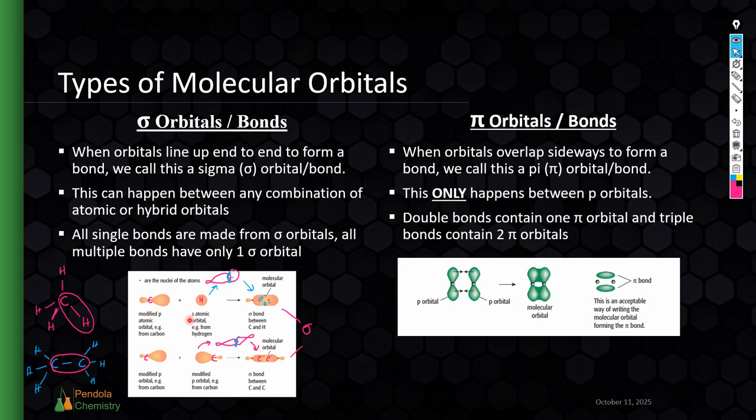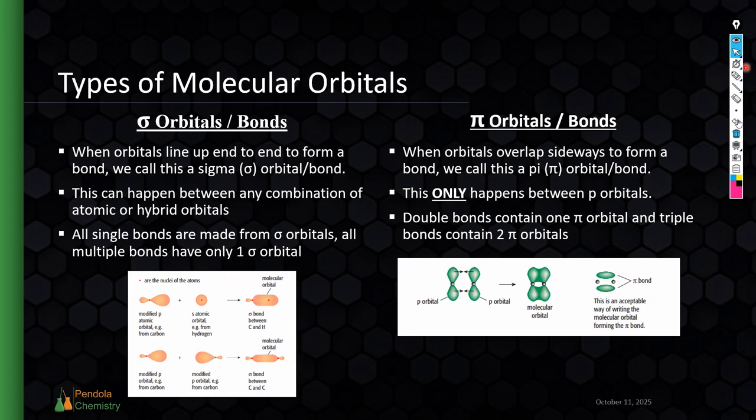So be very careful, because the question "draw the molecular orbital," which will be this at the end, is different than "show the overlap of the orbitals," which will be here in the middle, versus "show the two orbitals that will eventually form the molecular orbital," which will just be drawing the hybrid and the s orbital, or the two hybrids, or the two s orbitals, depending on what you're looking at.